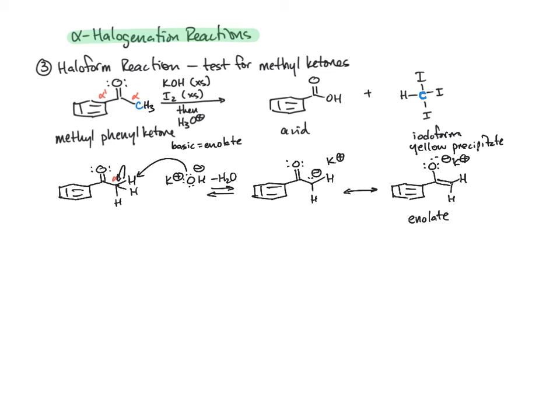We're then reacting that with the electrophile, which is iodine. We reform the CO pi bond. We're breaking the CC pi bond to substitute at the alpha position.